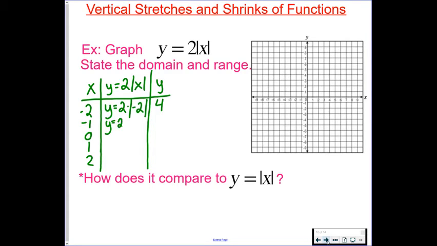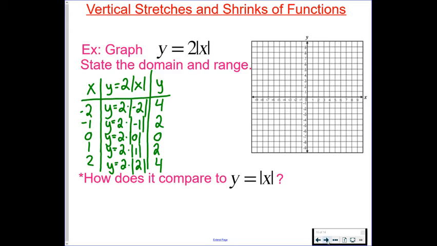Y equals 2 times the absolute value of -1. The absolute value of -1 is 1, times 2 is 2. Y equals 2 times the absolute value of 0 is 0, and 0 times 2 is 0. Y equals 2 times the absolute value of 1 is 2, and y equals 2 times the absolute value of 2 is 4. Okay, so there's my ordered pairs.